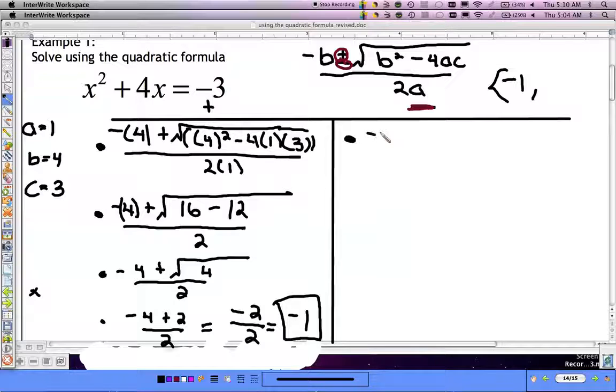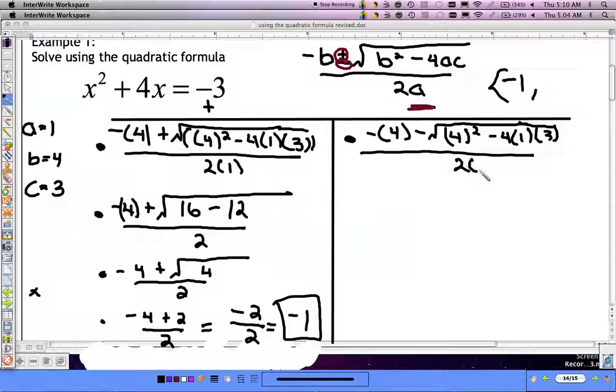So negative 4 minus the square root of 4 squared minus 4 times 1 times 3. All of that's under the radical, and then everything is divided by 2 times 1.